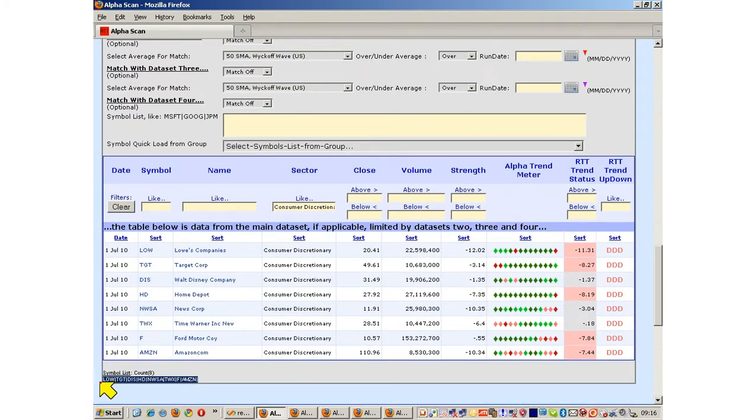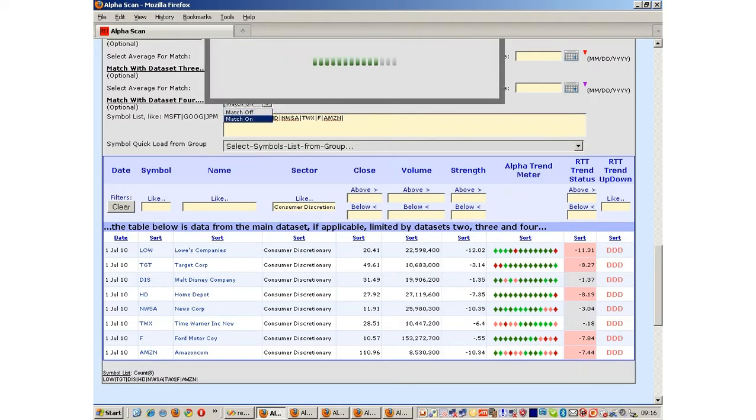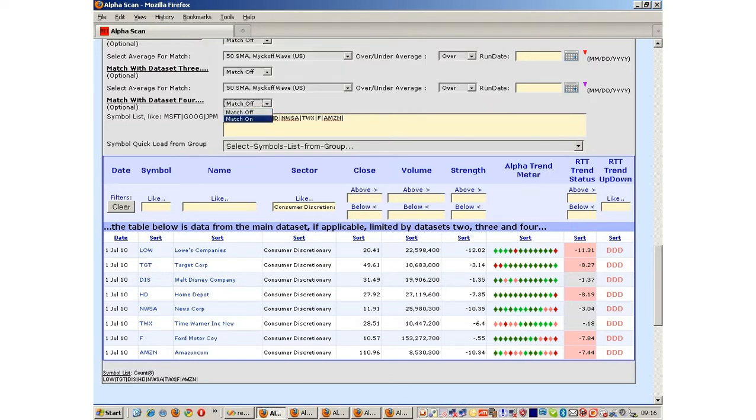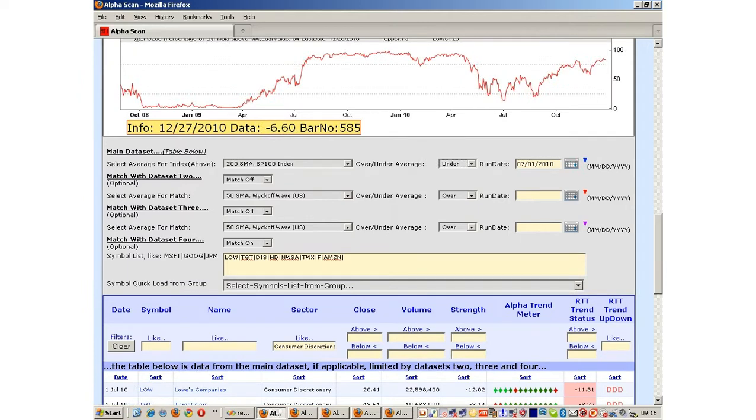Right. Another little trick is we've determined that the alpha of these stocks is very good. So what we could do is select these symbols down here, put it into a limiting data set here, turn that on. Okay.